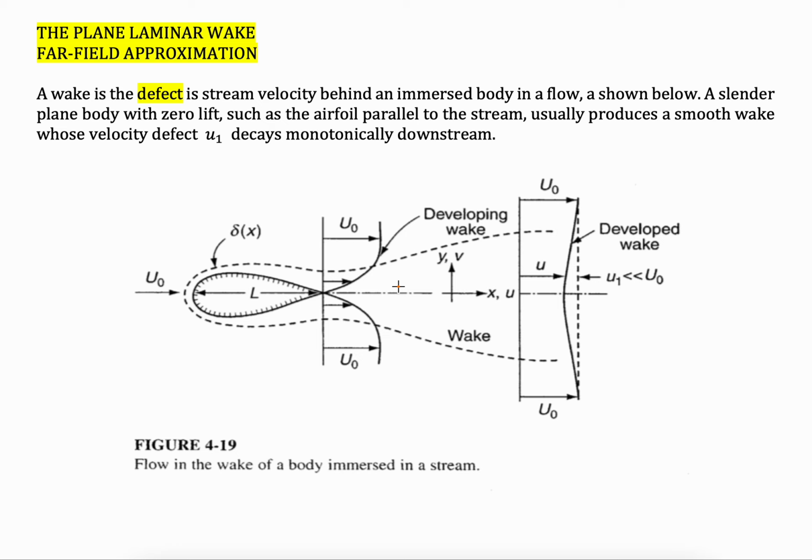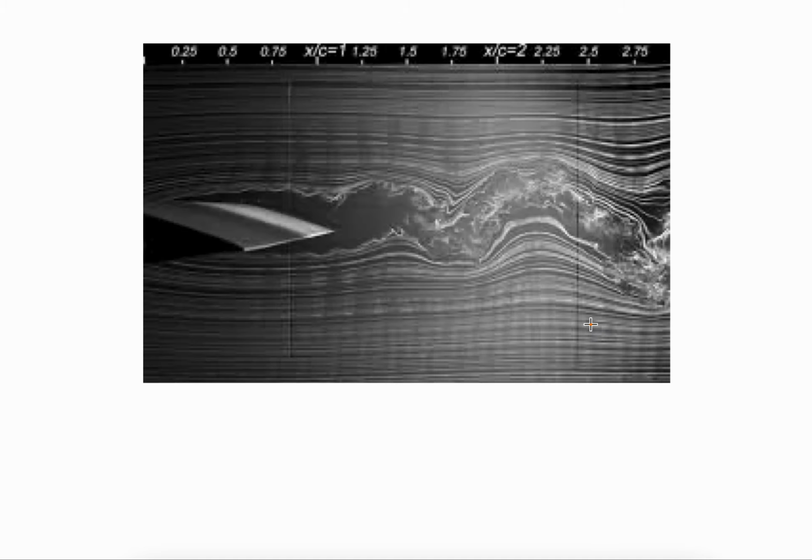So this is the idea, just a note here, the plane laminar wake far-field approximation. Sometimes the wake does not occur at this point, so it will occur at the back of the aerofoil. This is what actually occurs when the separation starts from here.